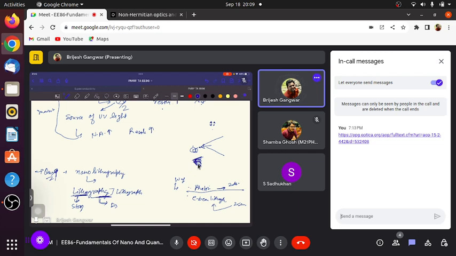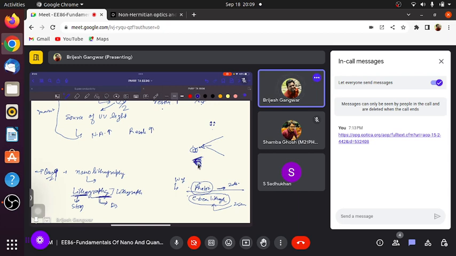In photolithography and e-beam lithography, in photolithography the source is light, that is UV light. According to your resolution you can choose the wavelength. In e-beam lithography, the electron beam is exposing whatever resist you have.